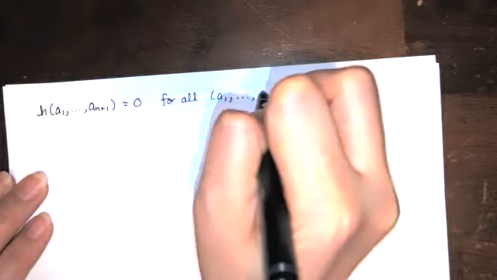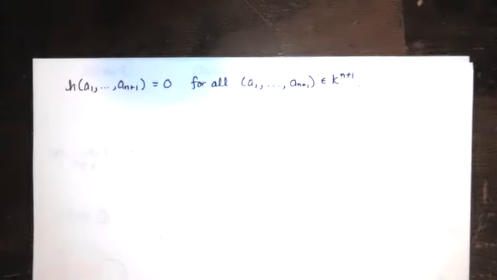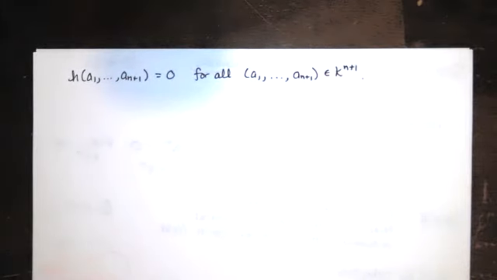So what that assumption means is, again, that h of a sub 1 through a sub n plus 1 is equal to 0 for all a sub 1 through a sub n plus 1 in this n plus 1 dimensional affine space. That is the definition of being the 0 function.